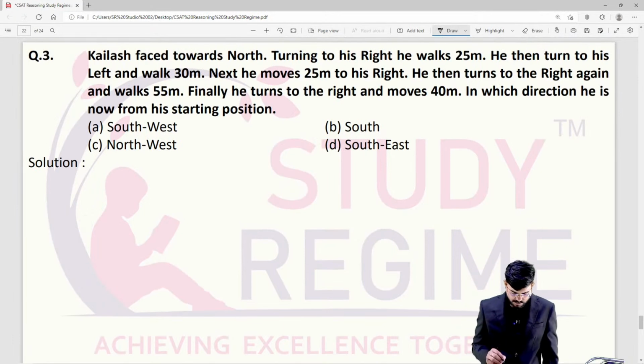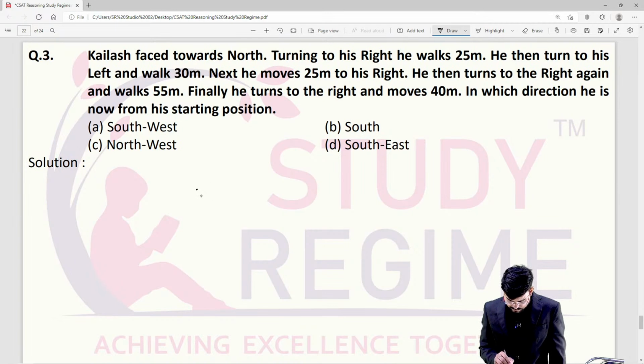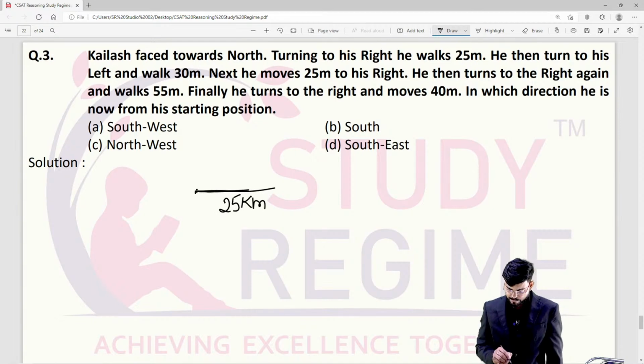Now, Kailash is facing towards north, somewhere here is Kailash, and he takes a right turn. He walks 25 meter. Then he turns left and walks 30 meter, sorry, it's not kilometers, it is meter. He has taken a turn like this.